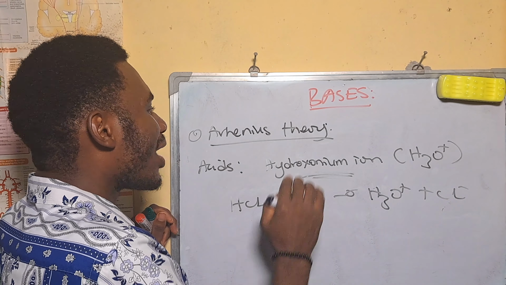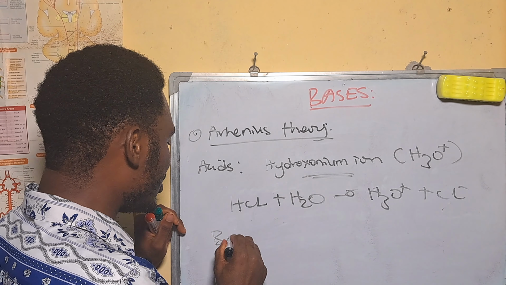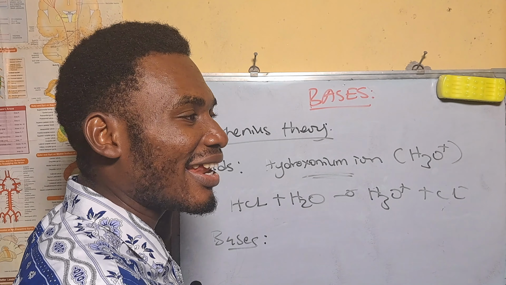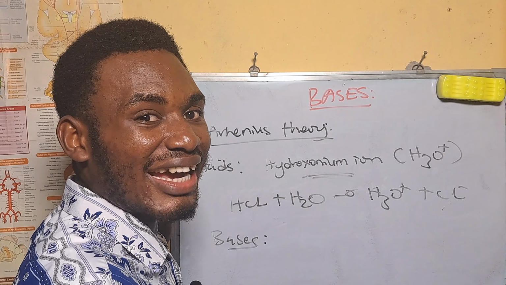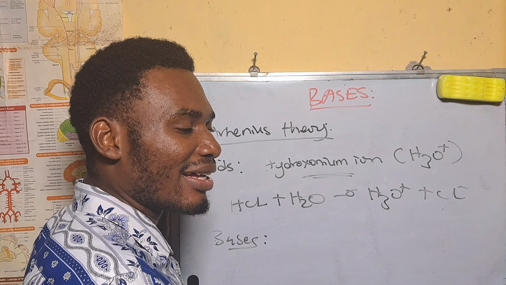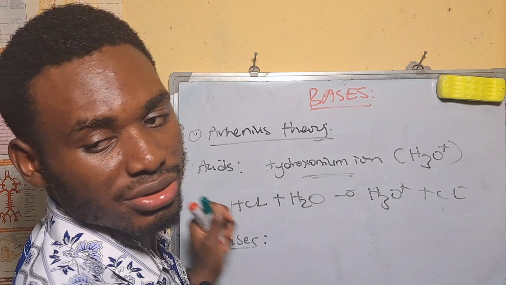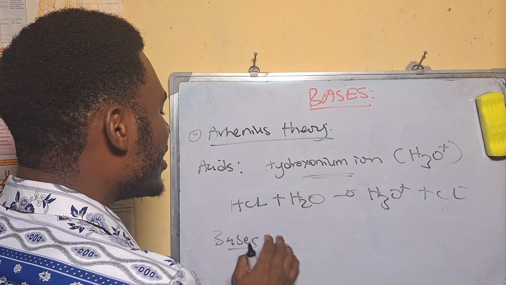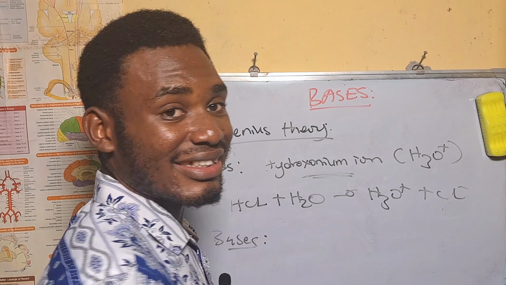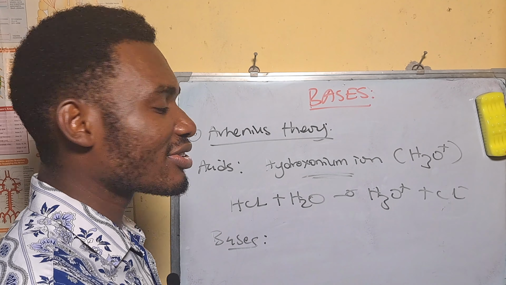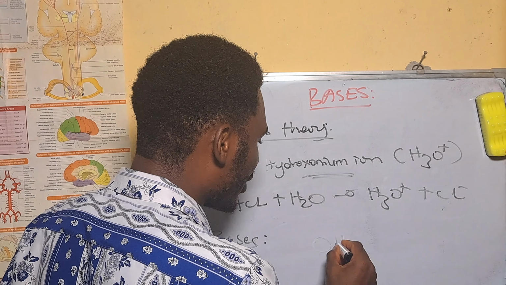Arrhenius theory. So the Arrhenius theory also describes bases as any substance that reacts with water to produce hydroxide ions. So according to this theory, bases are substances that react with water to form hydroxide ions. So these are the hydroxide ions.